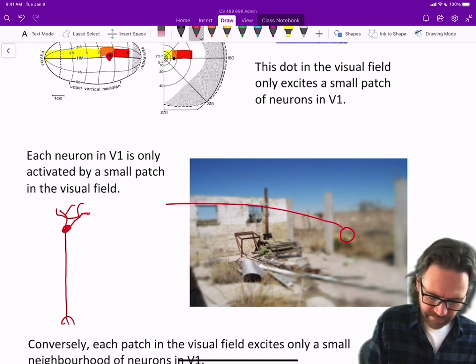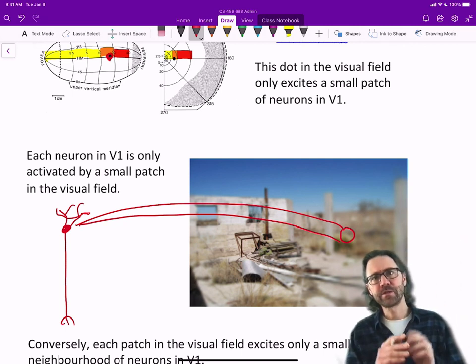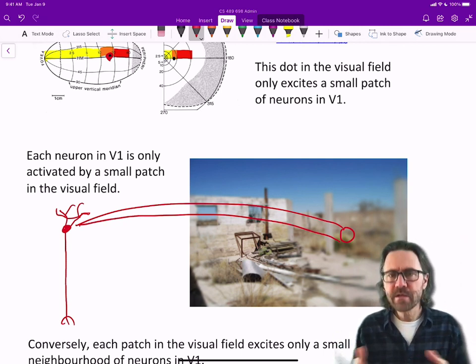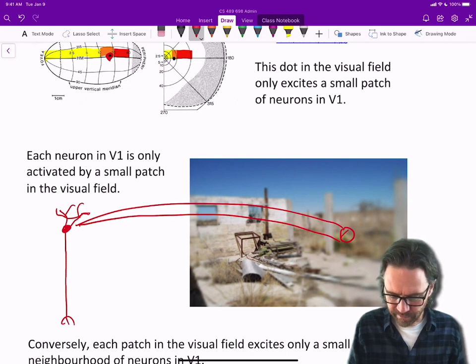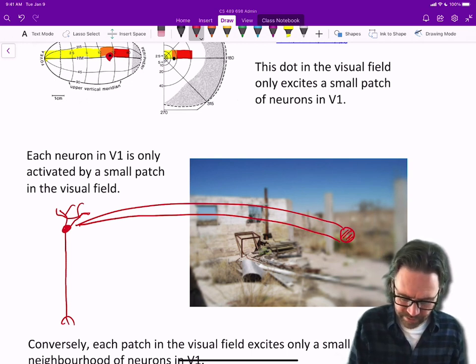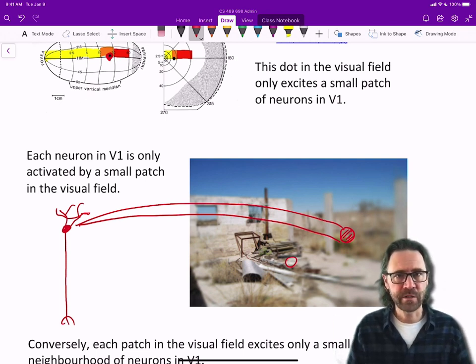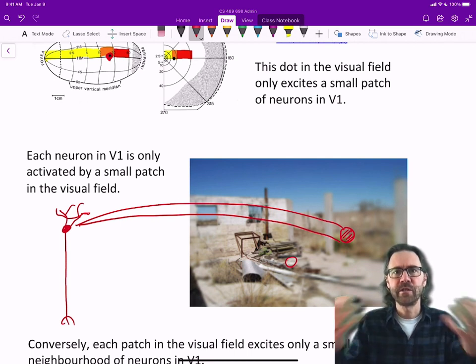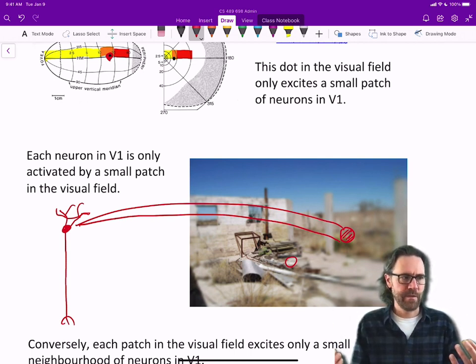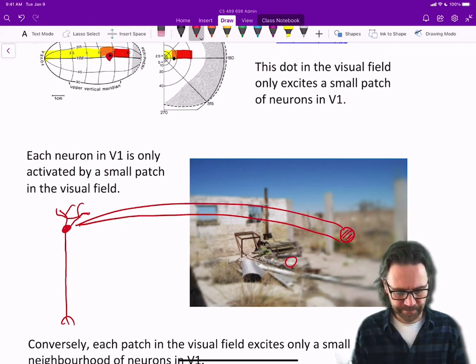So this neuron is only going to be interested in that part of the visual field. And a different neuron would be interested in a different part of the visual field, and so on. So you've got millions and millions of neurons in your V1 that are each assigned their own region of the visual scene to process.